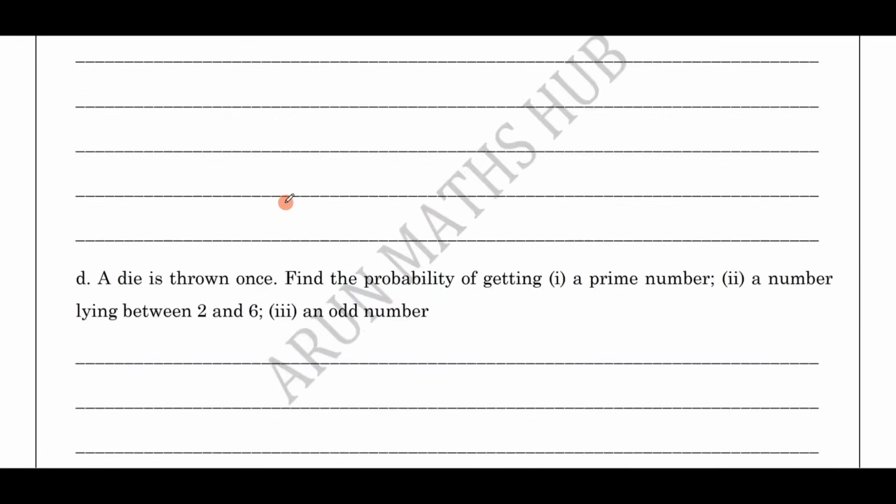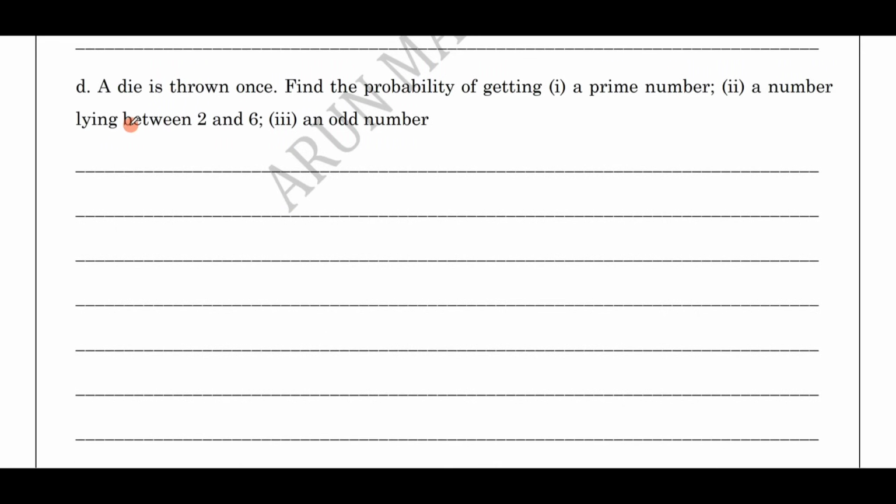A few questions are there for your practice. A die is thrown once. What is the probability that it is a prime number? Find the probability that the number is lying between 2 and 6 and is an odd number. See, if you are throwing a die, what are the possible outcomes?